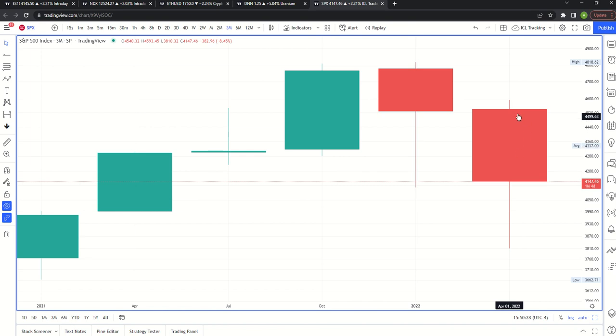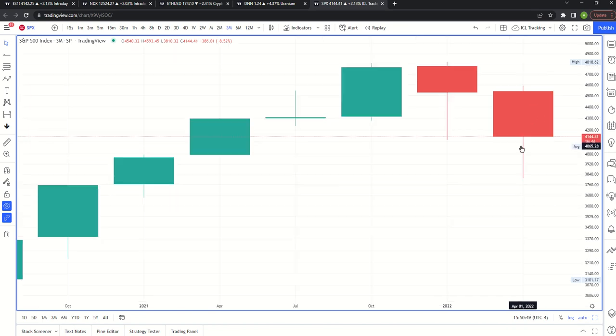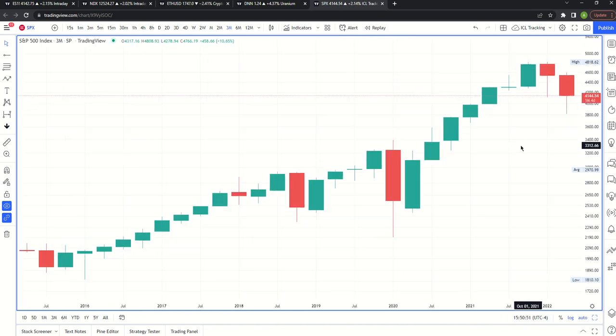That would mean that this ugly eyesore of a red quarterly candle would turn positive, right? Once we get above 45.40, we start to become a green quarterly candle. A lot could happen in a month, and that's possible. I think that's highly unlikely.